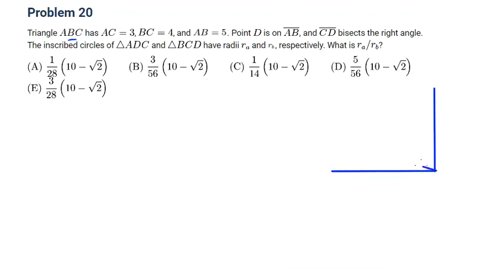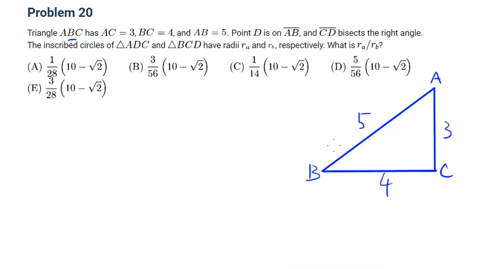Okay, it should be a little bit longer than this. Yes. Okay, let's see. This is A, B, C. 3, 4, 5.